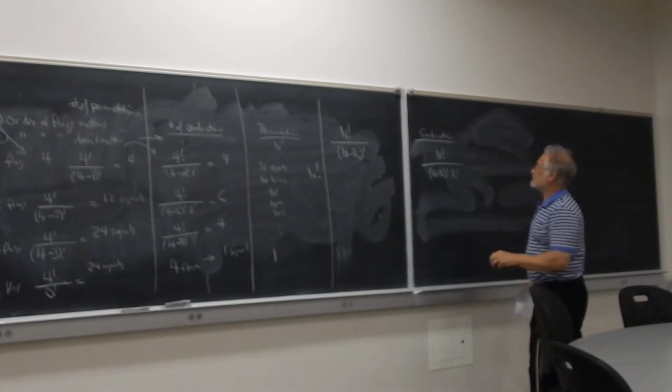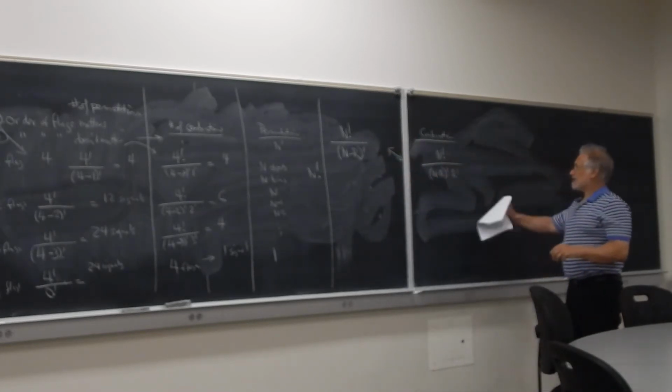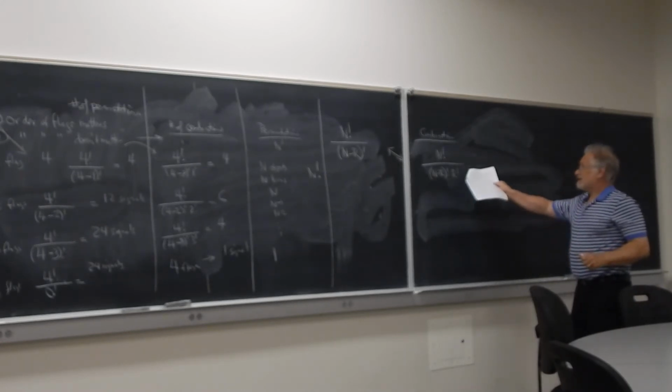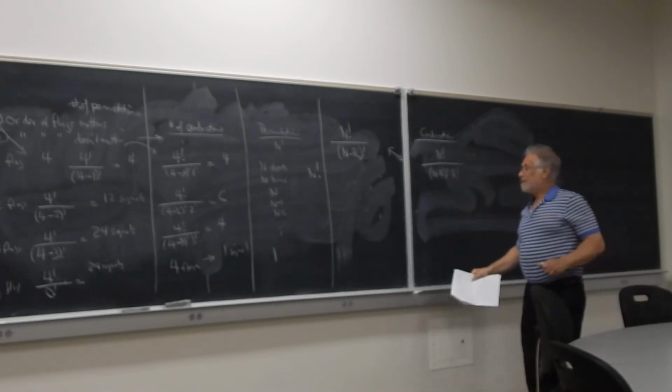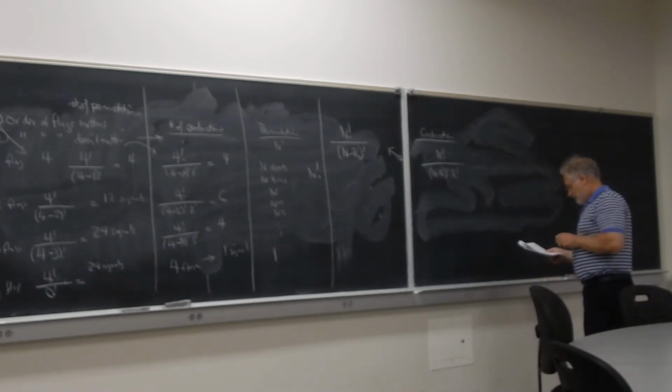So you see the difference between permutations and combinations. It's this other factor of r factorial in the denominator. In fact, this looks like the coefficient in the binomial distribution.